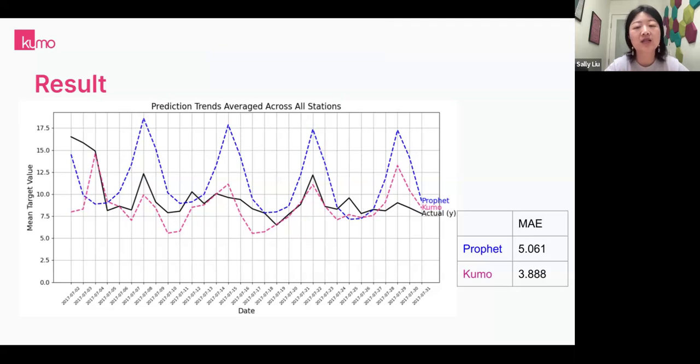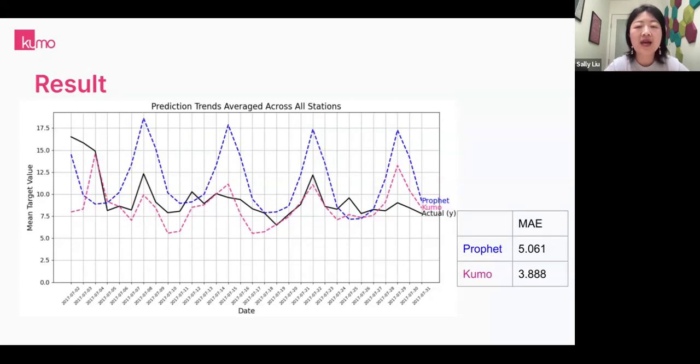We do not do any additional feature engineering. What you need to do is just connect with your data and do the prediction. And as you can see here, for instance, Prophet is very smoothed out. However, Kumo is able to capture some of the nitty-gritty of the data.